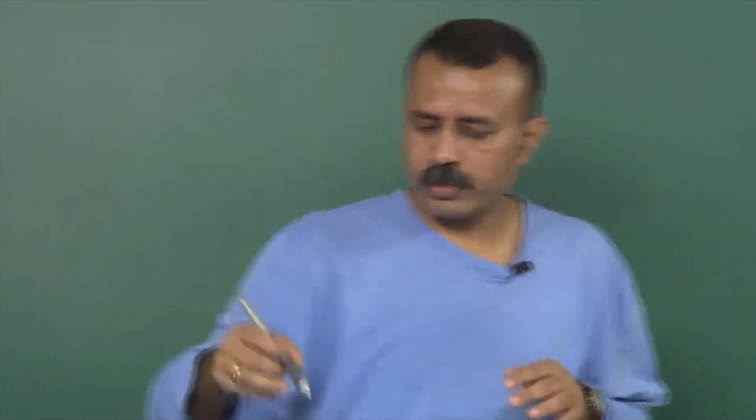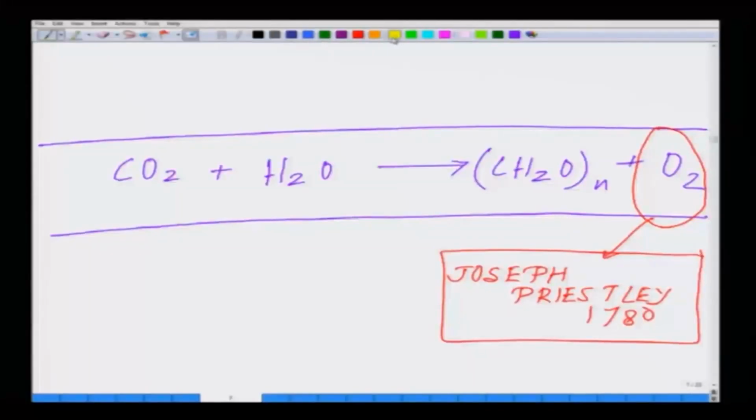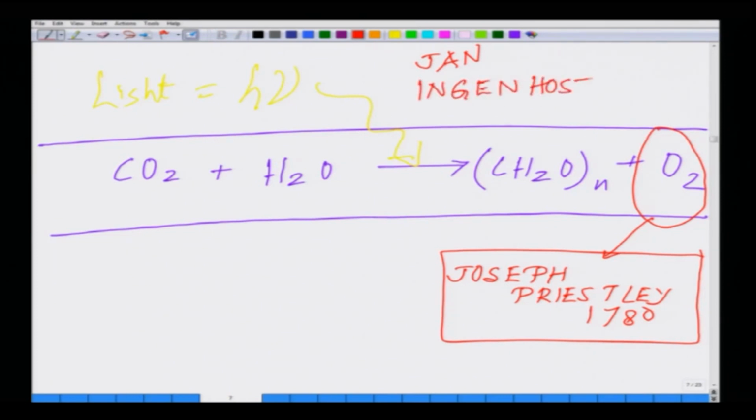So let's summarize this point. Here is the light, which is now adding the new component, h nu, or light, and this discovery was made by Jan Ingenhousz, that light is involved in it.